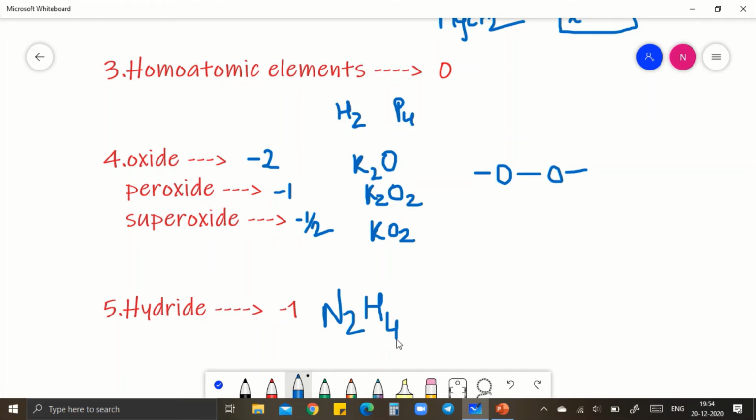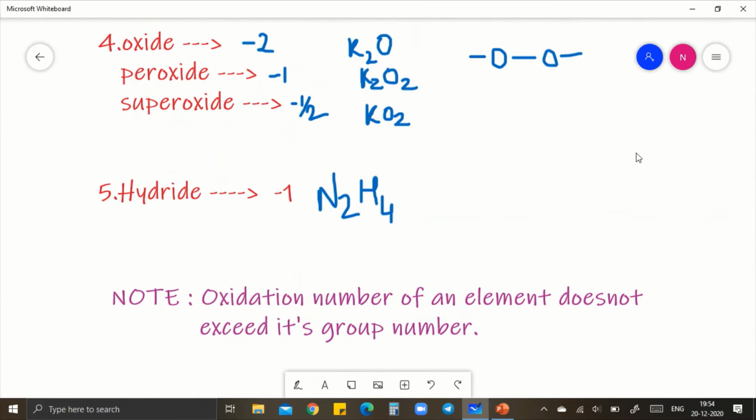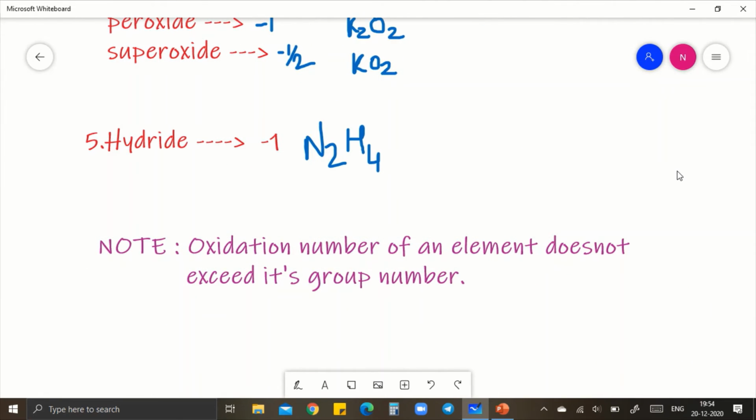In this compound, hydrogen exhibits -1 oxidation state because it is a hydride here. Now the important note is that the oxidation number of an element does not exceed its group number.